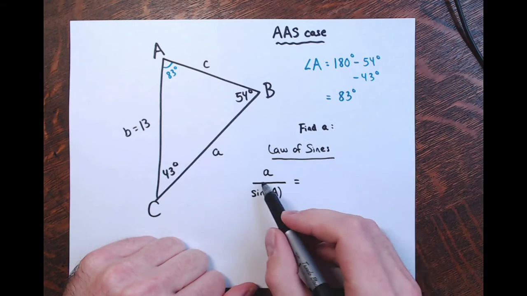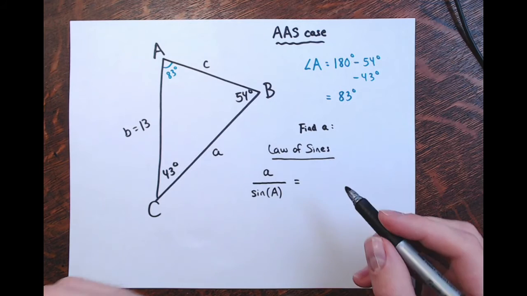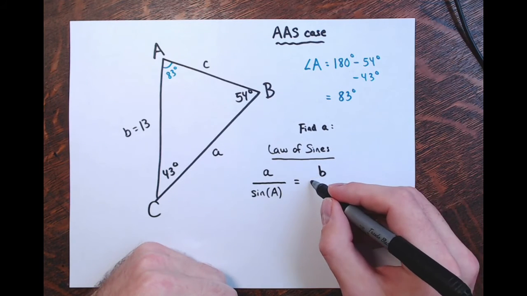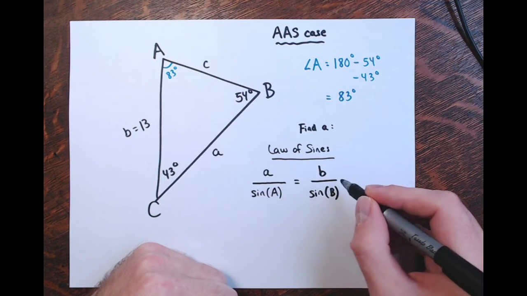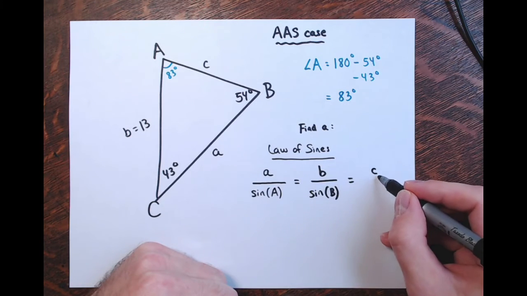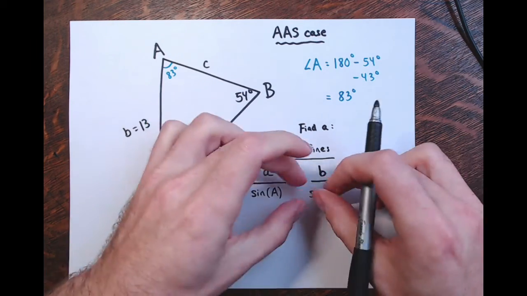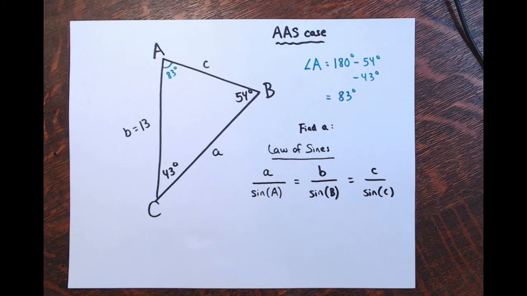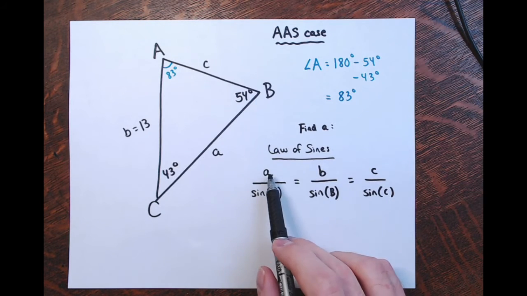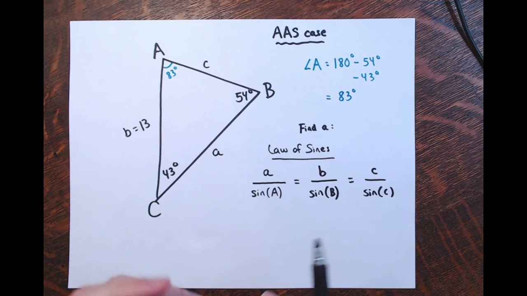This ratio is the same for every side and opposite angle. So this is equal to little b divided by the sine of angle B, and both are equal to little c divided by the sine of angle C. You could also flip these and have the sines of the angles in the numerators, as long as you're consistent.